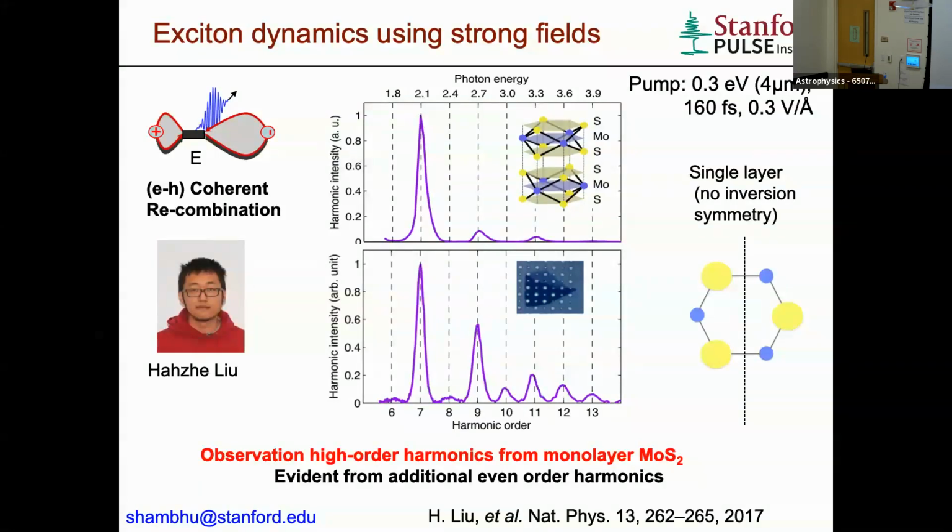As you can see, you first start to see more harmonic orders, and you also see additional even order harmonics, which are not present in the bulk. These even order harmonics are consistent with the broken inversion symmetry that you have in the case of the monolayer. So this was a very nice way for us to make sure that the target does have the single isolated layer.